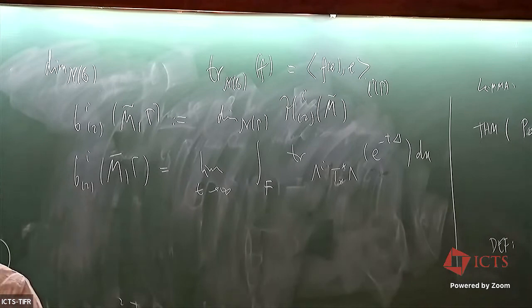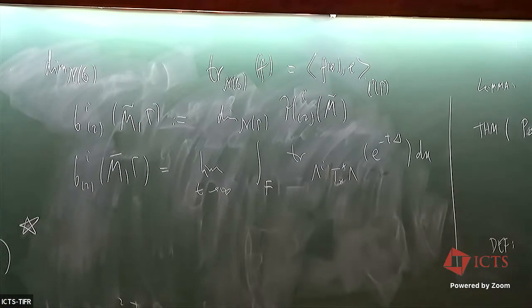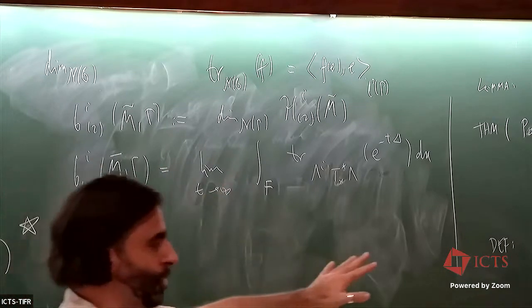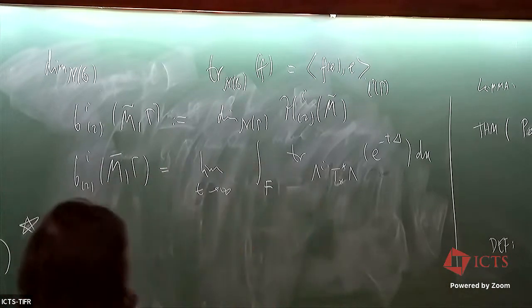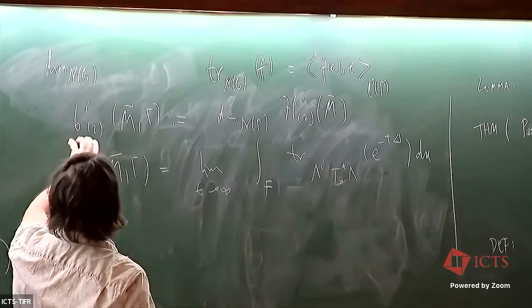Right. So you can show that the two definitions are equivalent, but this is sometimes not good enough to do calculations. Sometimes it's better to use alternative definitions of L2 numbers that are given by formulas of this type.